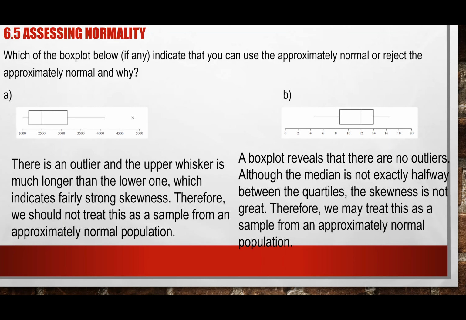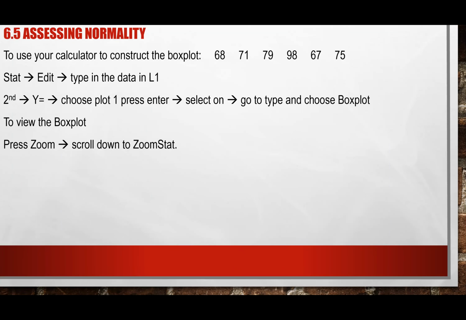And before I let you go, I typed this up. Your calculator can construct the bar plot for you. Looking at this, this is the data from your example 2 when we did the dot plot.